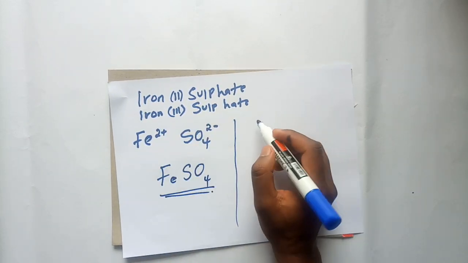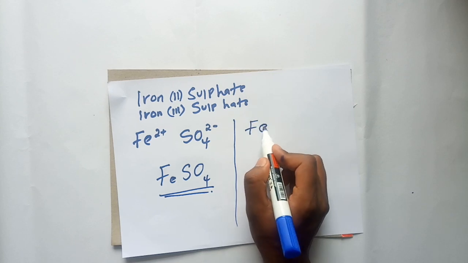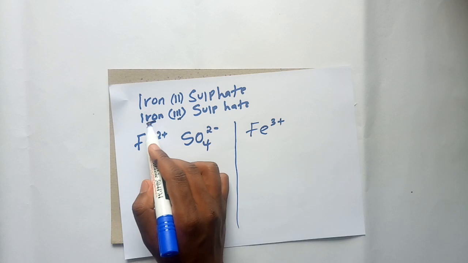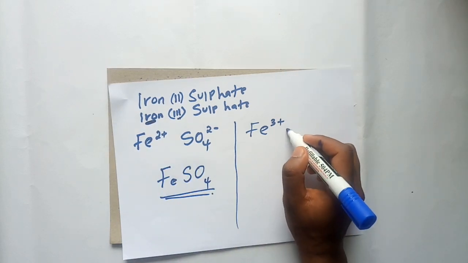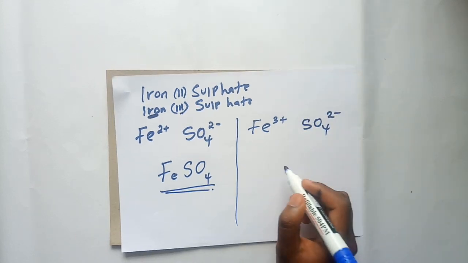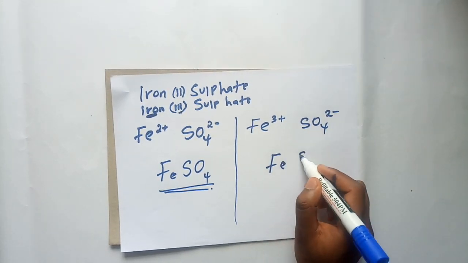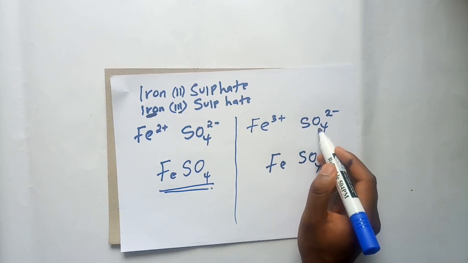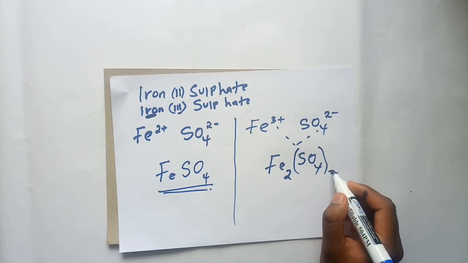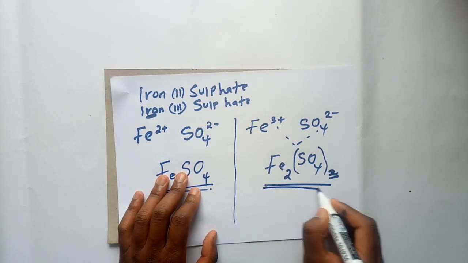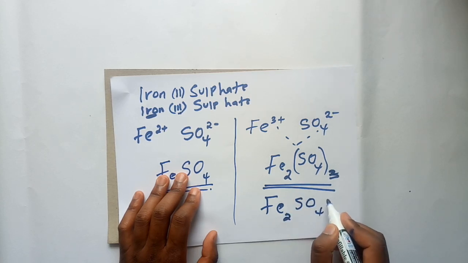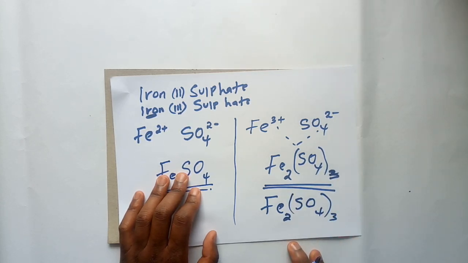What about iron 3 sulfate? In this case, iron has a charge of 3 plus. If you see 3 plus, that is the valency of the cation. Then sulfate is 2 minus. So when writing the formula, we bring these 2 here and this 3 here, and so our formula is Fe2(SO4)3, iron 3 sulfate.